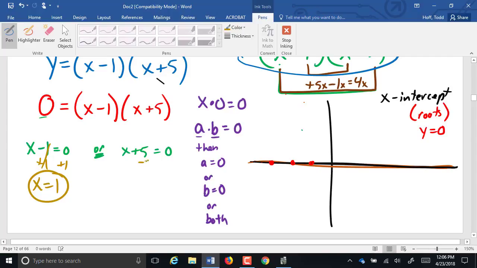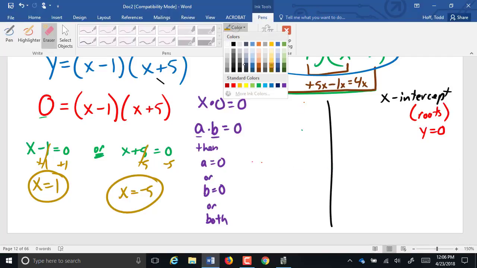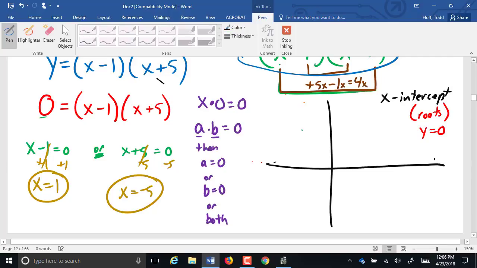Or over here, solving for x, we'd subtract 5. X equals negative 5. So what that means is on our graph, we have roots at x equals positive 1 right there. That's a root. And x equals negative 5 right there is a root. So those are our two roots.